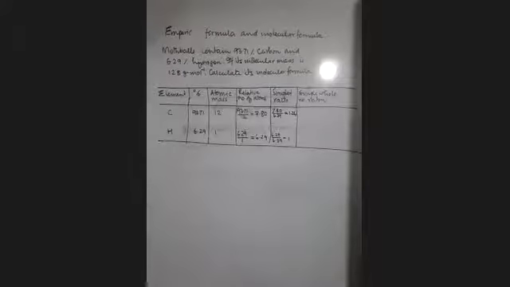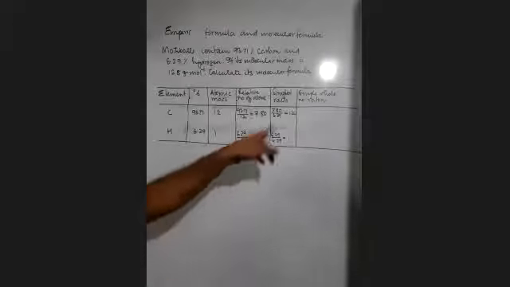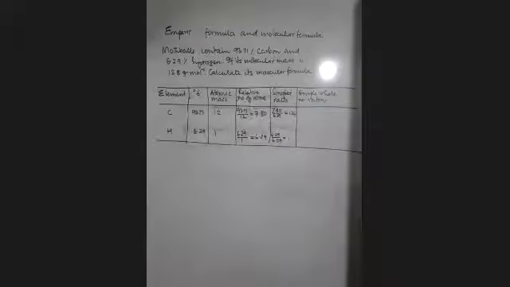See, we know atoms always combine in whole number ratio. But here you find it is 1.24. Then in that case, we have to find a common multiple.